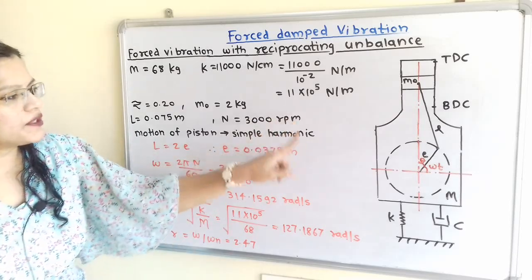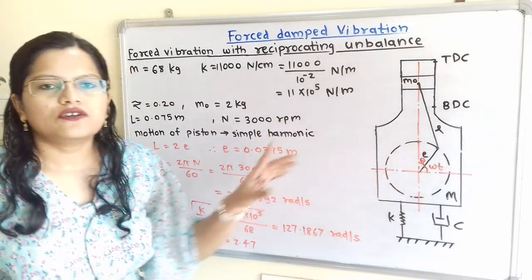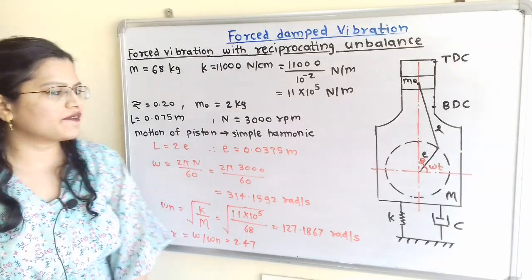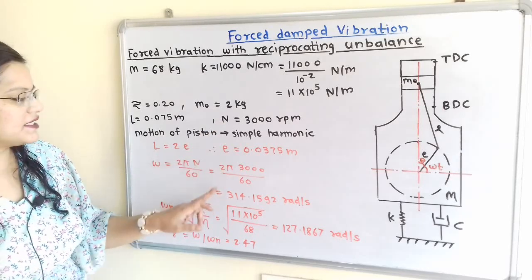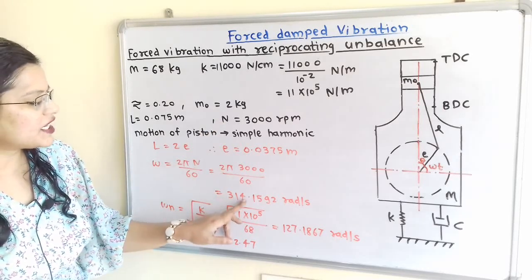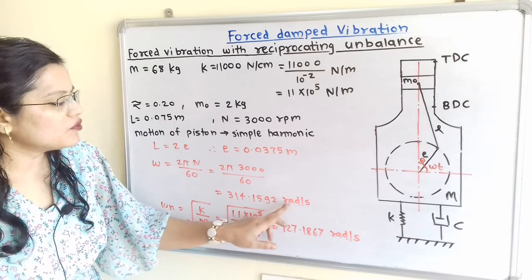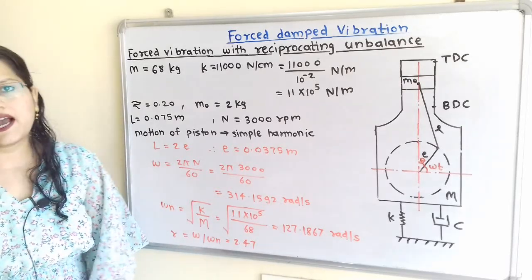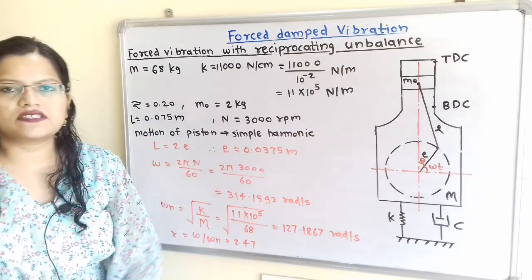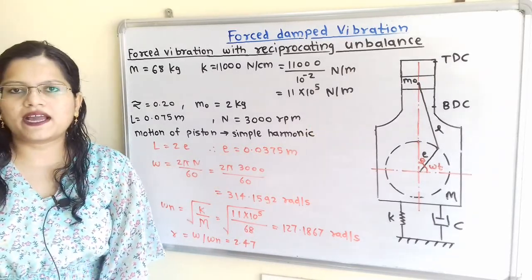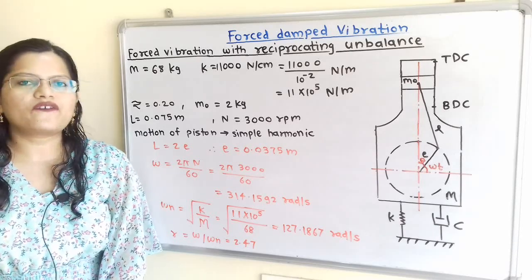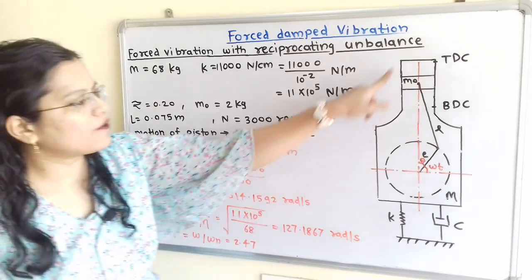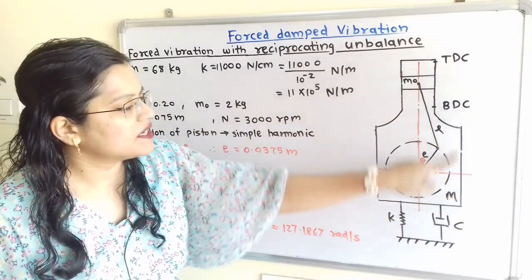Now the speed N is 3000 rpm. So this revolution per minute speed is given, and from this we can calculate the value of omega. Omega is equal to 2 pi N by 60, which is equal to 314.1592 radians per second. Now we can also calculate omega n, which is equal to the square root of K by M. K is the spring stiffness and M is the mass of this system.